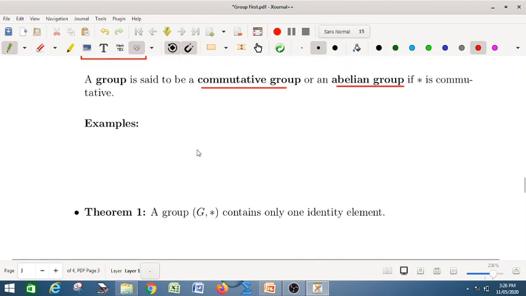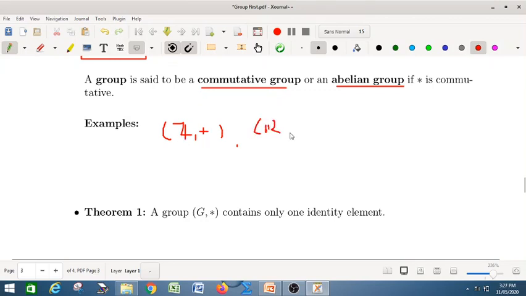So let's have an example. Suppose for example R comma plus is a group. Suppose we say Z comma plus, that is the set of integers with respect to addition.